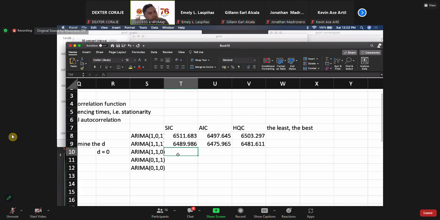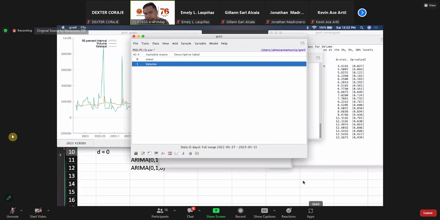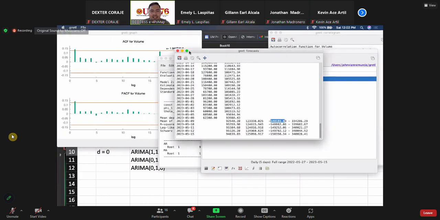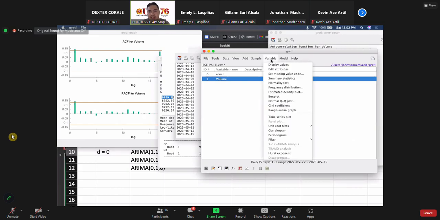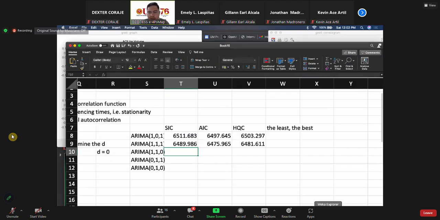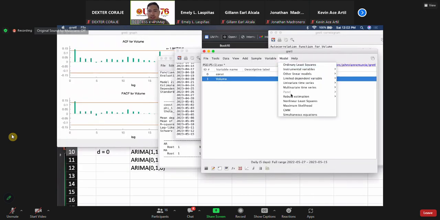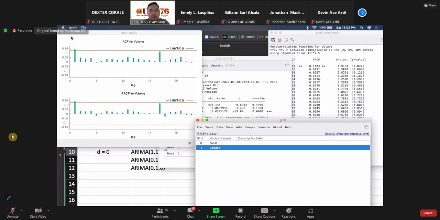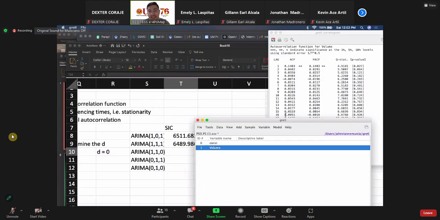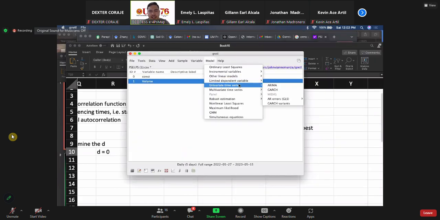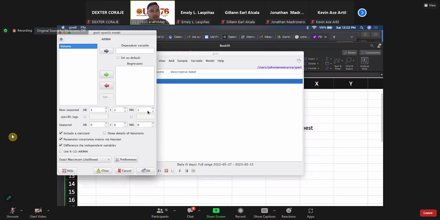Now, let's try ARIMA 110. So, you try many ARIMA models, sir, in case of what? Yes, because we're determining here which is a better fit. So, let's go again to model, univariate time series, ARIMA, and then 110.